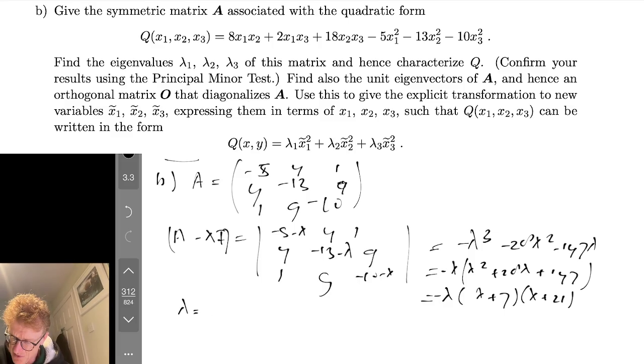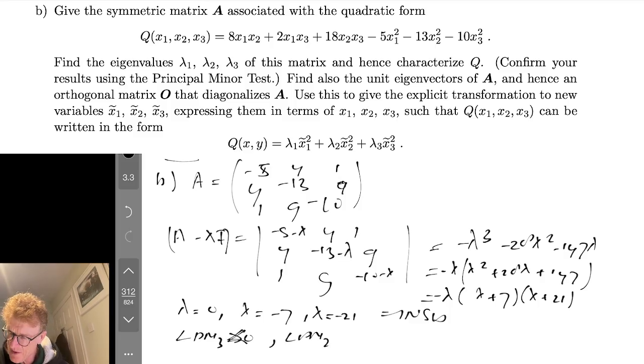Anyway, the eigenvalues are 0, lambda is minus 7, lambda is minus 21. So that's NSD. So that means that LPM 3 is less than 0.